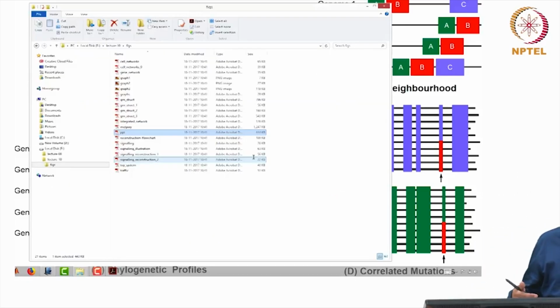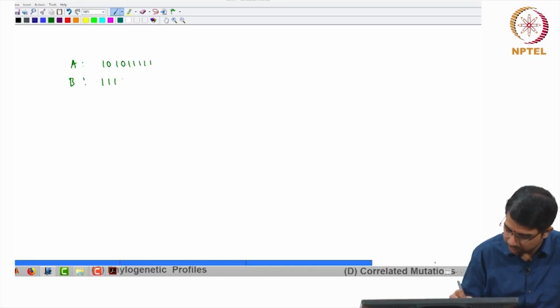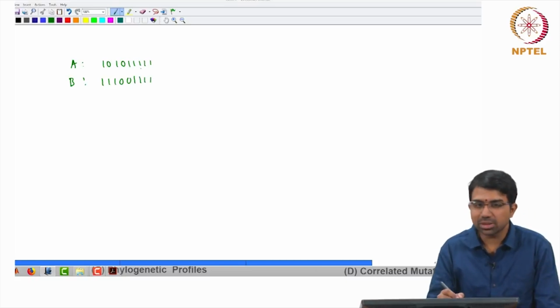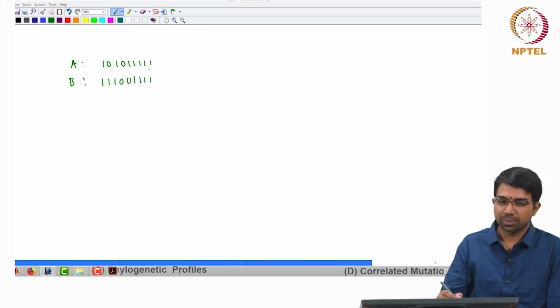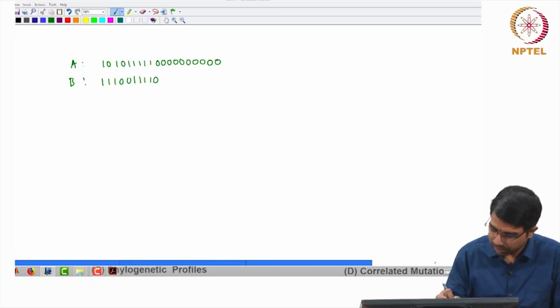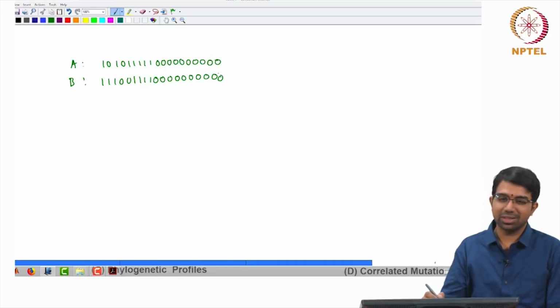So, in other words, let us say for A the phylogenetic profile is, and for B it is, you will say these vary only in 2 bits, so these are likely to interact, right. But now would you still say that they will interact?